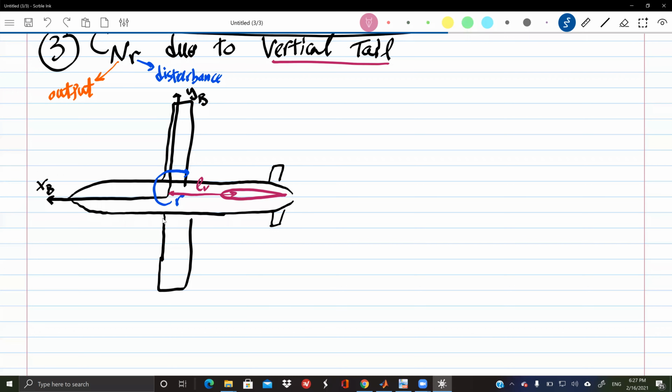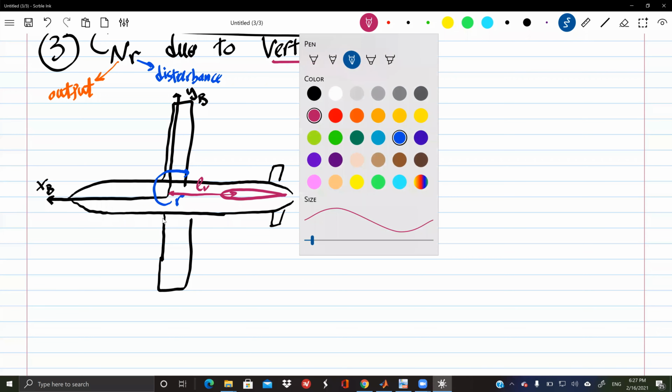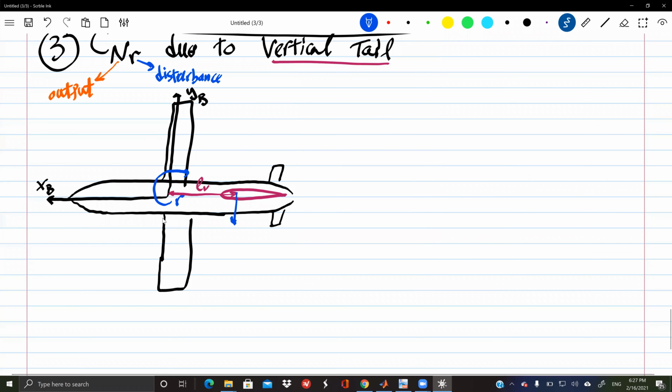Well, it will move sideways, right? With what speed? Again, it's the angular velocity R times the arm. The arm is LV. If the airplane is yawing to the right, the vertical tail will move to the left with this velocity RLV.